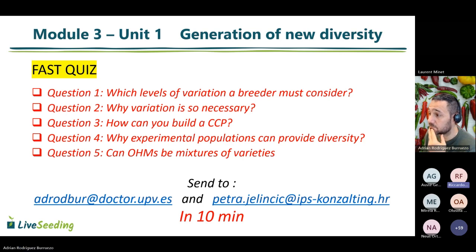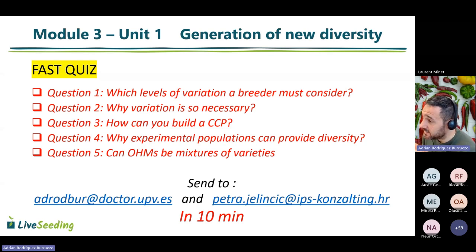The latter, phenotypic variation, depends on genetic variation and includes different traits, both morphological and, let's say, agronomic, and stress or resistance traits. So, for example, resistance to pathogens or environmental variations. Okay, good.